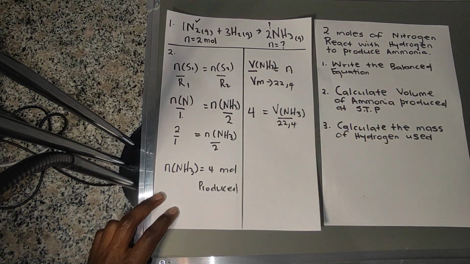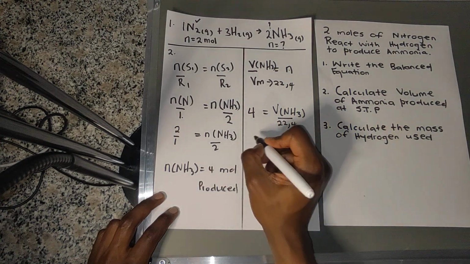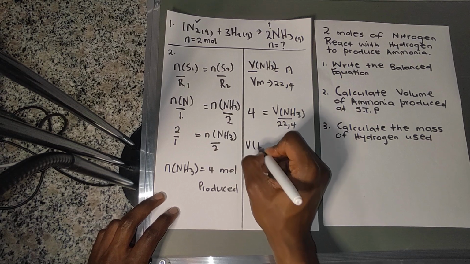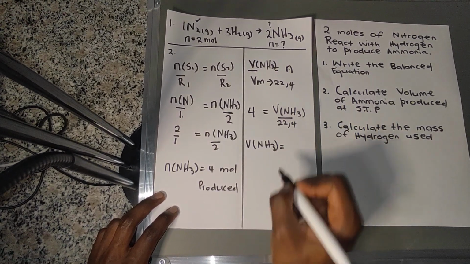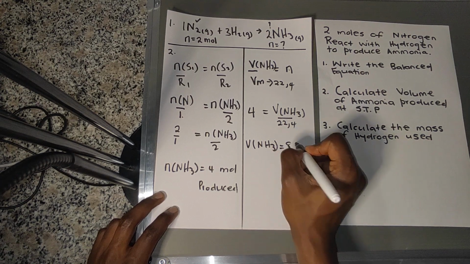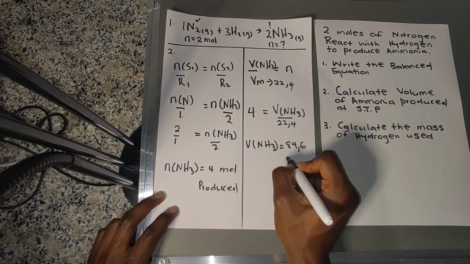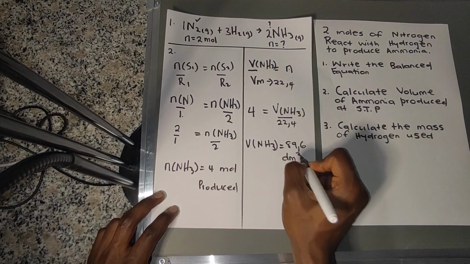So now what is this value giving us? When you cross multiply here, the volume of ammonia, NH3, should be equivalent to 89.6. Remember the volume is measured in decimeter cubed.